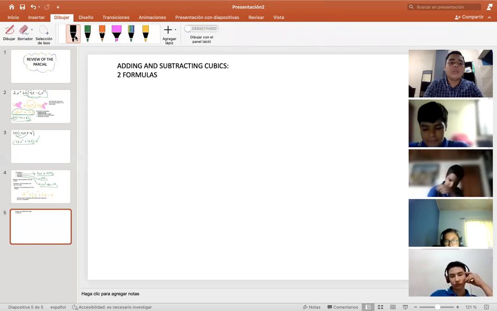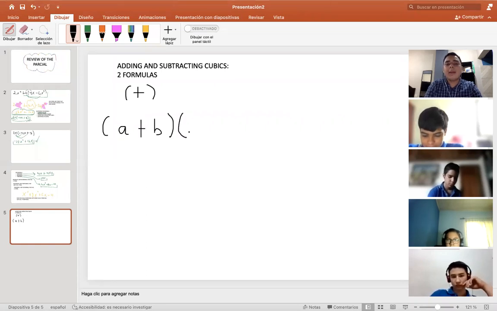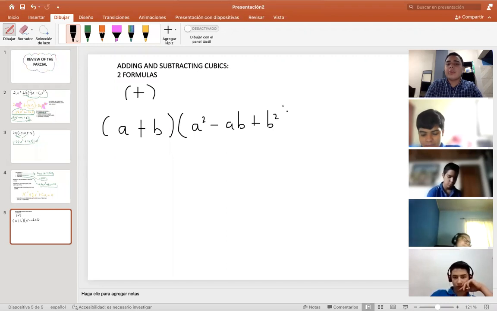We are going to use one formula when we are adding: A plus B, open parentheses, A squared minus A times B plus B squared. Yes or no?